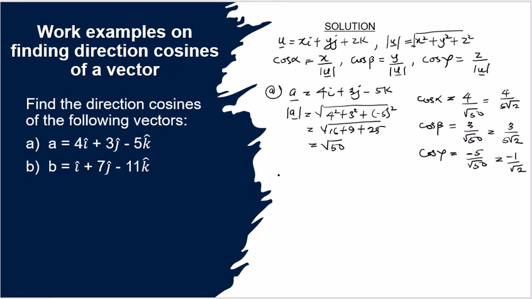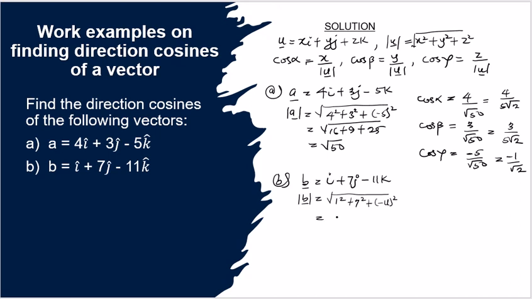So let's come to B. Example B. Also, we have vector B given as i plus 7j minus 11k. So let's obtain the magnitude or the modulus of the vector, which will give us the square root of 1 squared plus 7 squared plus minus 11 squared.